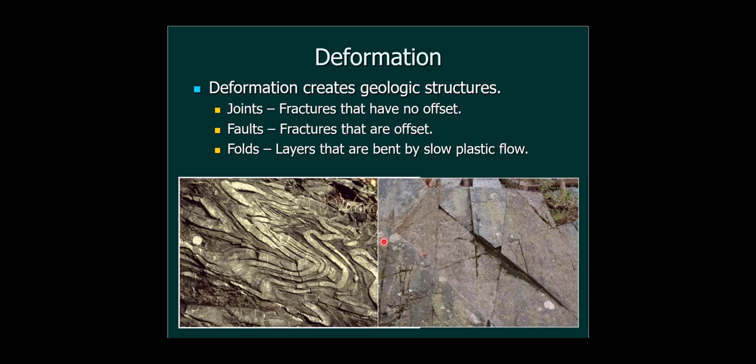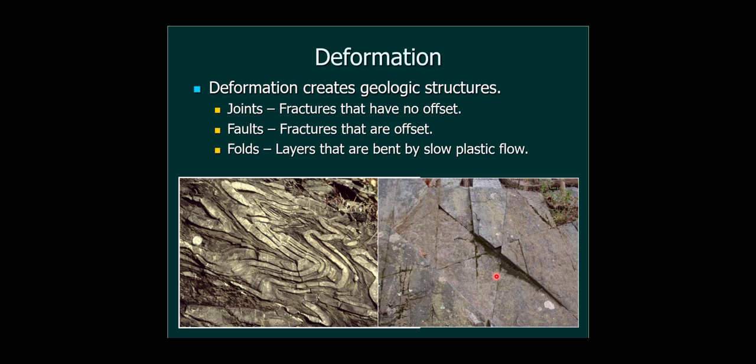When the rock is very well cemented, it tends to break at 60 and 120 or close just about every time. These are called conjugate joints or conjugate fractures when you get one running this way and one running that way, with that angle between them at 60 and 120.